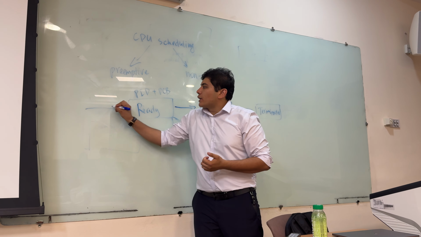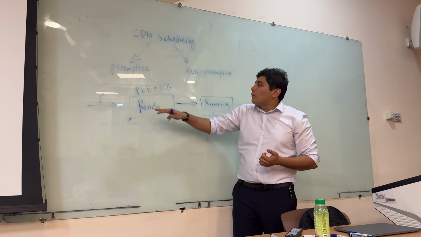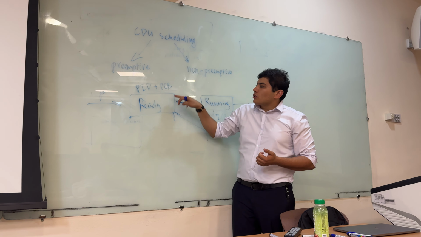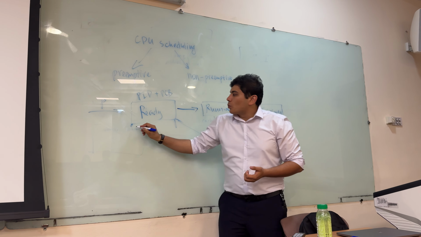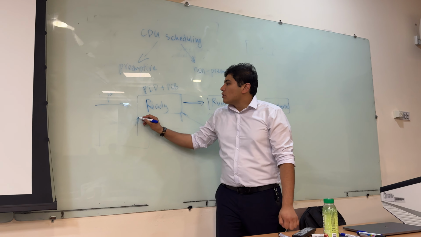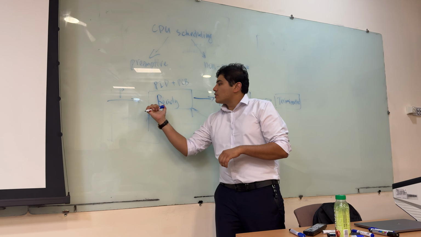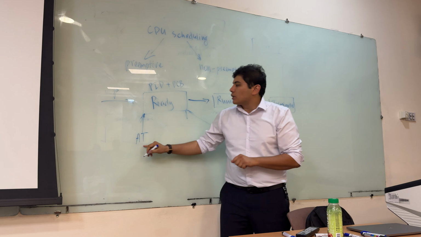So now we learned that when any process comes, it will be assigned a unique ID, and from the process control board, it's gonna have a short memory to hold that process, right? Right this moment, when the process is going to enter the CPU, it is called AT, arrival time, okay?